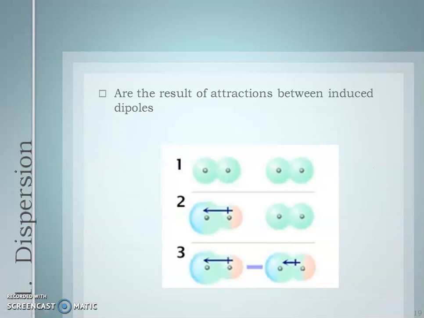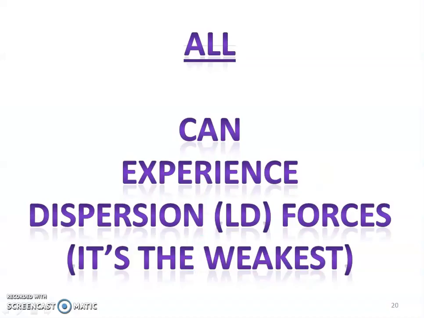So this is what's called dispersion or London dispersion, and this means that there are 2 molecules that are very, very nonpolar. However, at some point, one might become polar, which means now it has a charge associated with it. And if the other one next to it also becomes polar for an instant, for a moment, then there might be an attraction, an intermolecular force, between the positive end of one and the negative end of the other.